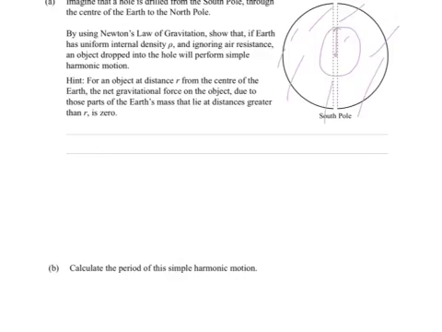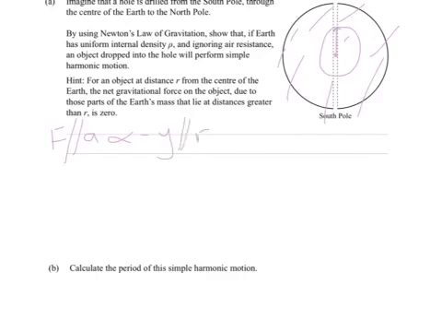So anyway, to show that something is simple harmonic motion, we have to show that the force or the acceleration is proportional to the negative of the displacement, or in this case r, our radius.